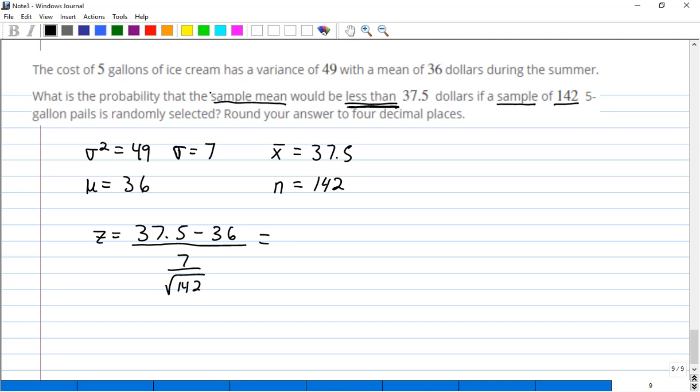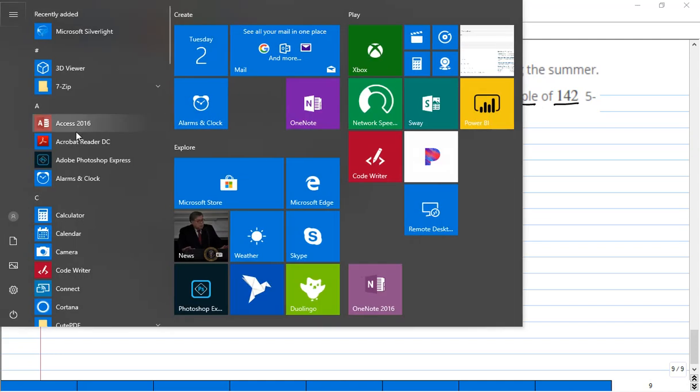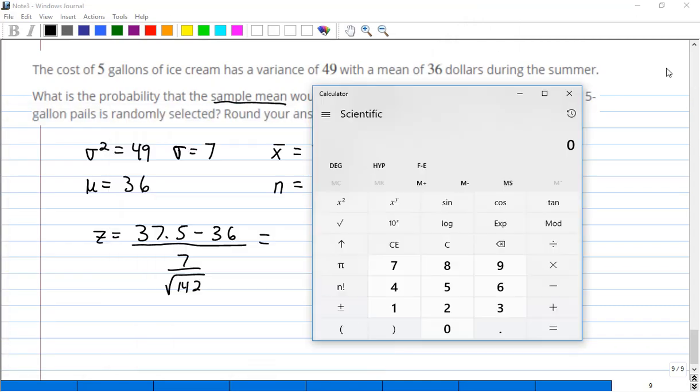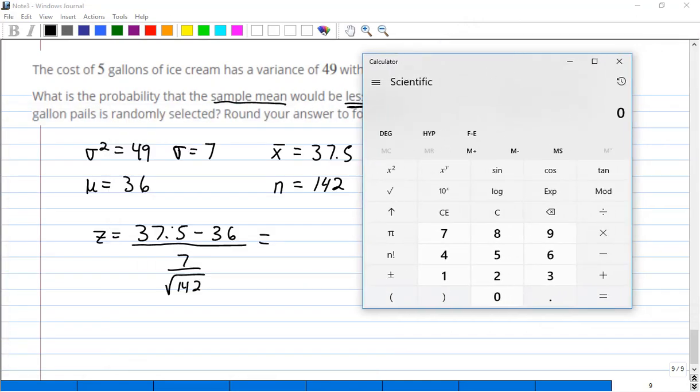All right, so let's see what we get. 37.5 minus 36 is 1.5. Now there's a little trick you can use if you understand how math works. You can flip the denominator and multiply it times the top, which would mean that I multiply what I get in the numerator by the square root of 142 and then divide by 7. But if you want to do all these calculations separately, feel free.